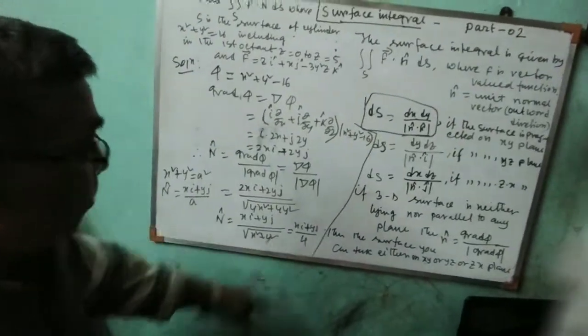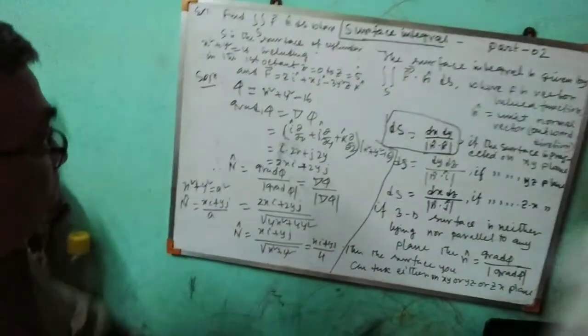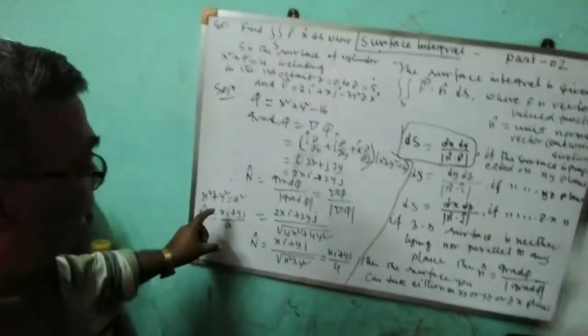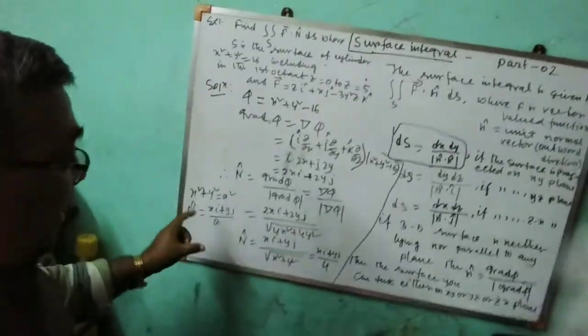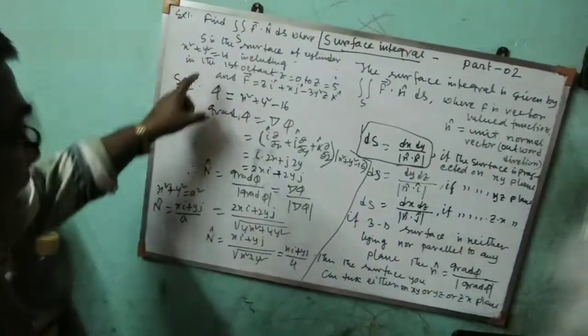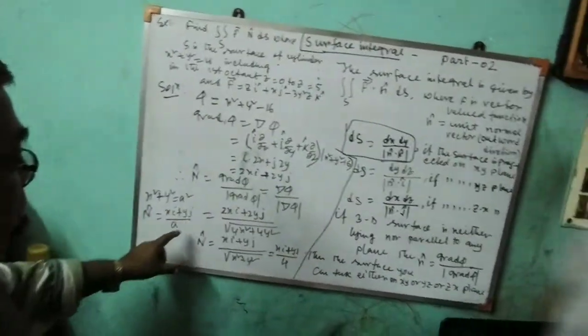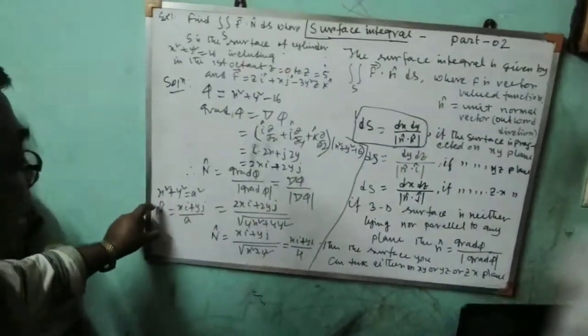You see, I have shown how to get n cap, but you can directly use the shortcut method in NET or GATE exam. For the cylinder, n cap should be xi plus yj by 4. How to calculate it, I have shown here.